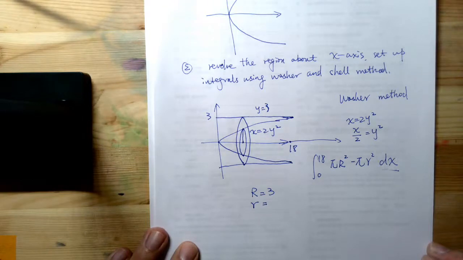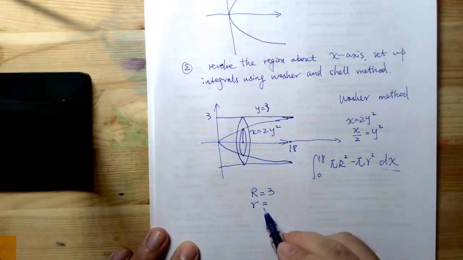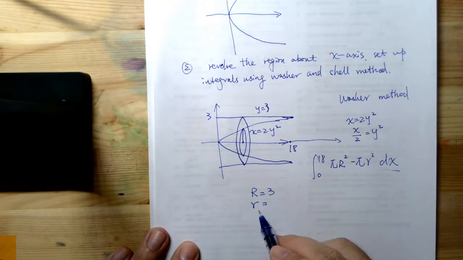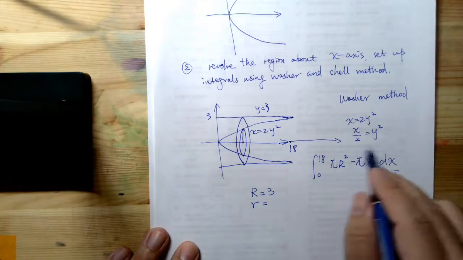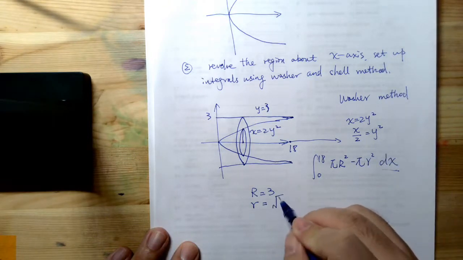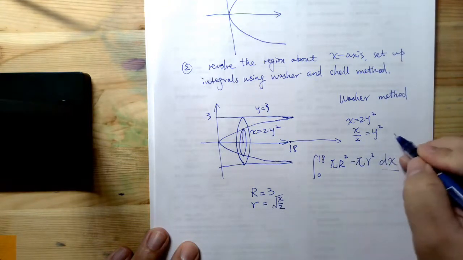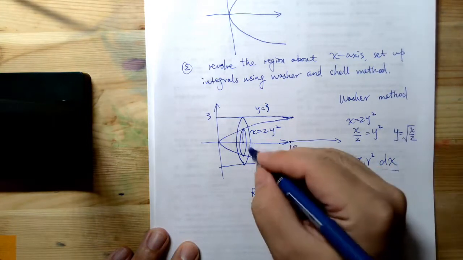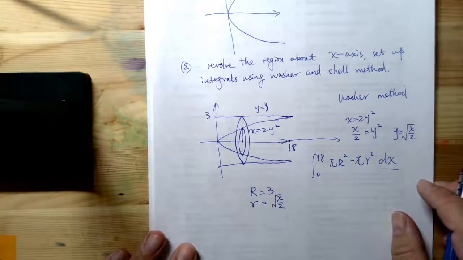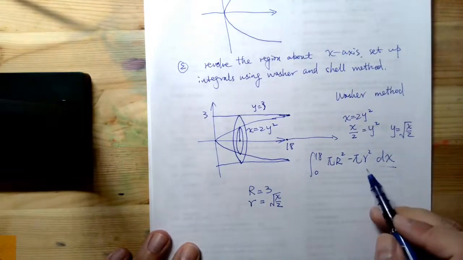And for r, we only need to take the positive part, which is the square root of x over 2, because here y is the square root of x over 2. We'll just take the positive part because it stands for the radius.